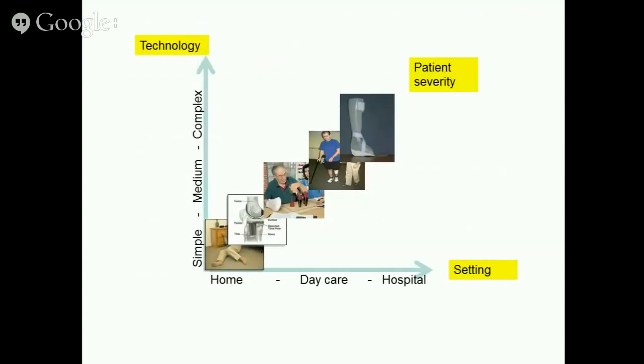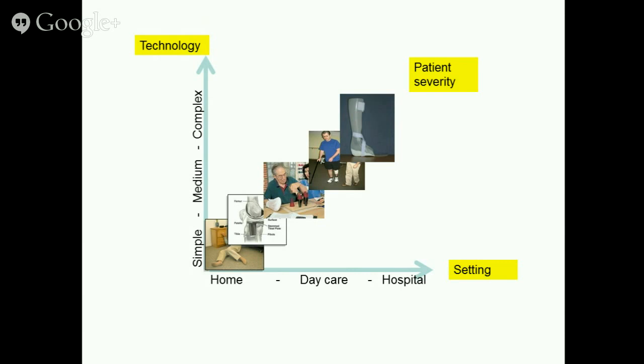In Envisage we had five work packages where we were going to build a visualization package for each client group and then assess it. So we had people who fell at home, knee replacement patients, stroke patients undergoing upper limb rehabilitation, stroke patients undergoing lower limb rehabilitation, and stroke patients undergoing lower limb rehabilitation who were using a tuned AFO, ankle foot orthosis.